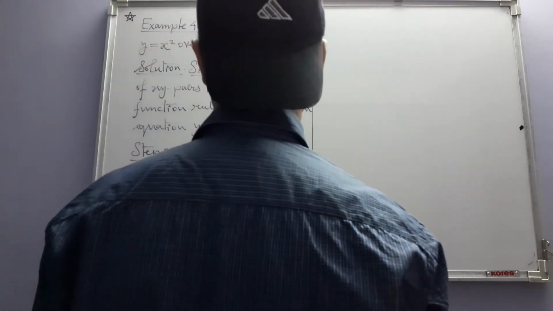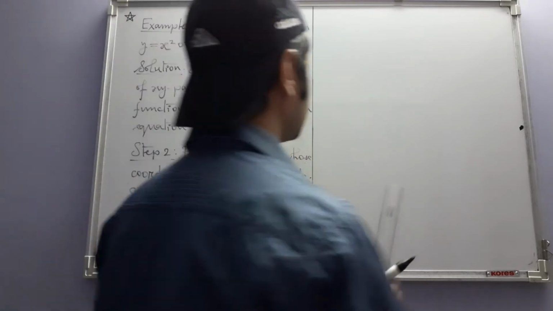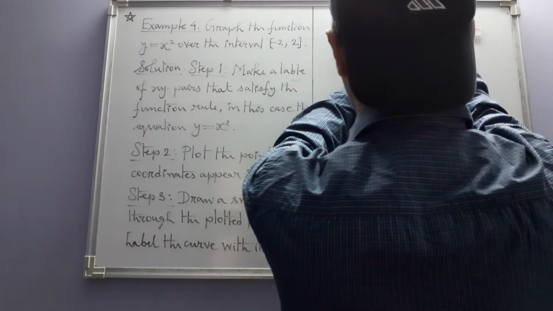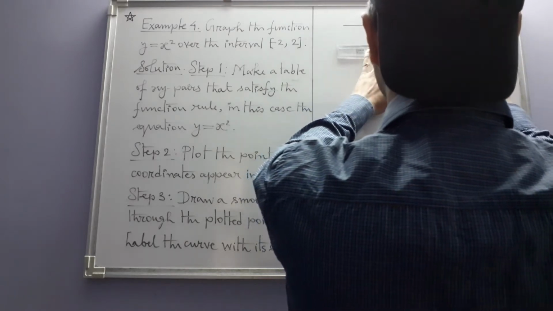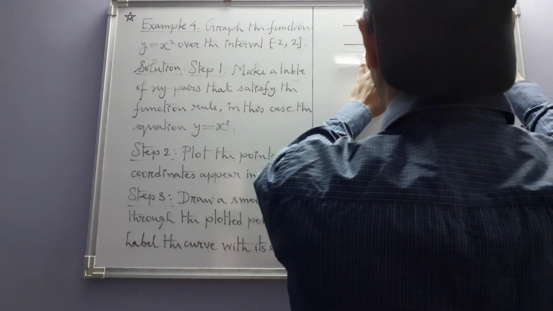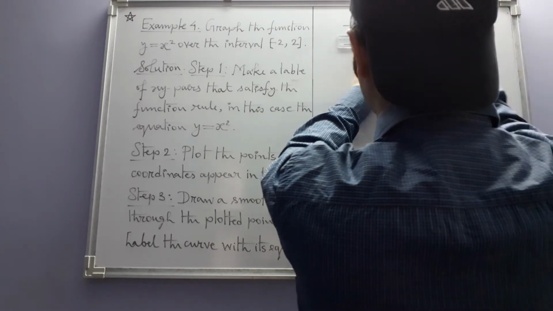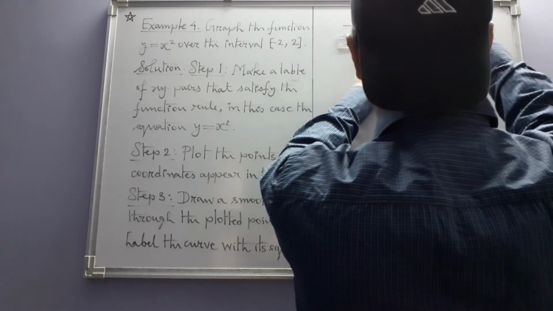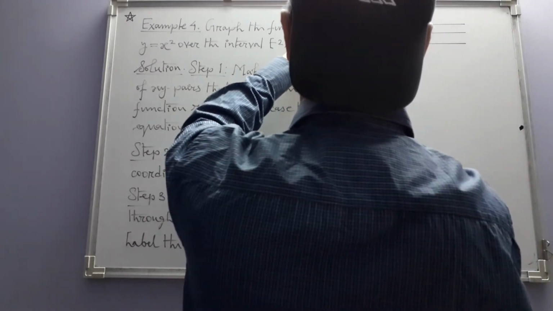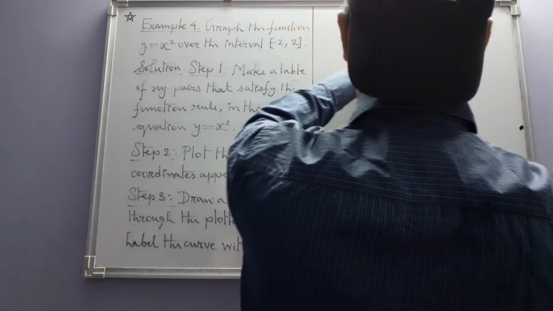So in step 1, we have to make a table of xy pairs. So let us do that first. For simplicity, we will take only a few points now. And then a natural question will arise in step 3. In executing step 3, we will come across a natural question which we will answer later in the book. But it's a very important question.